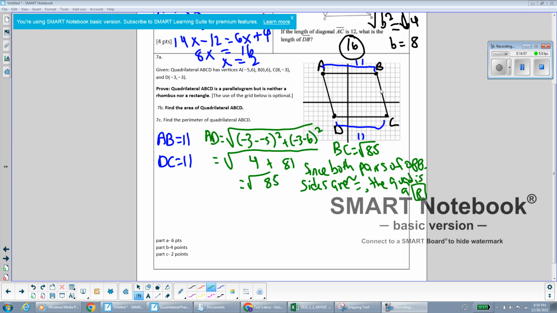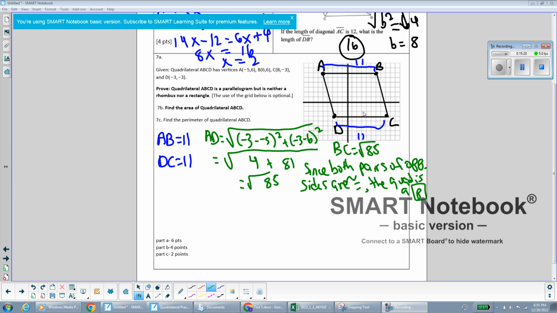Now, keep in mind that's not the only way you could have proven it was a parallelogram. You also could have used the slope formula for all the sides, showing that both pairs of opposite sides are parallel. You could have taken one pair of opposite sides, like AB and DC, and found the length and the slope to show that you have one pair of opposite sides that is both congruent and parallel.